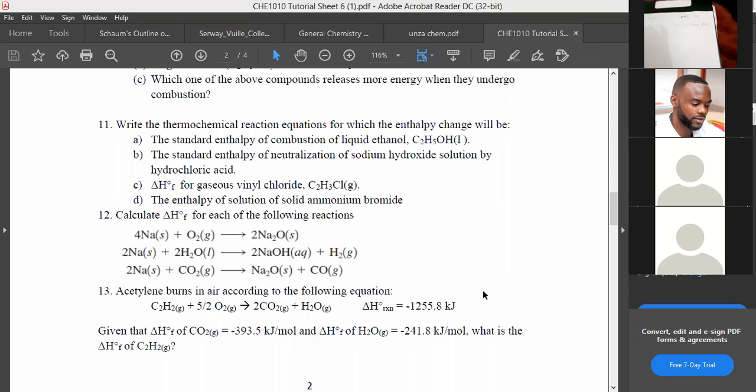If you check question 2, for instance, you pick up question 2.